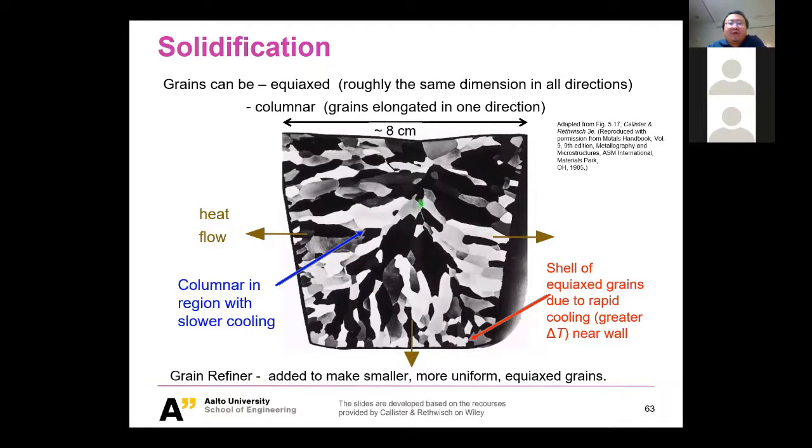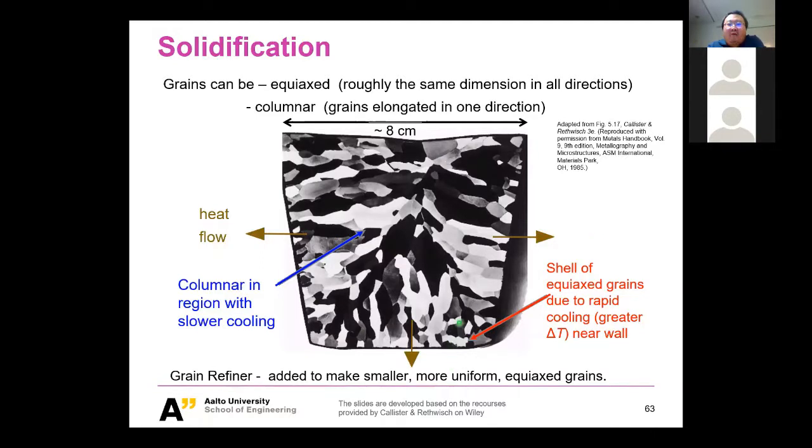So this is exactly referring to the effects of the supercooling. Because when we talk about the corners or the walls, your liquid is in touch with the metal, which is cool, so you have rather fast or large supercooling. So the delta T is greater.